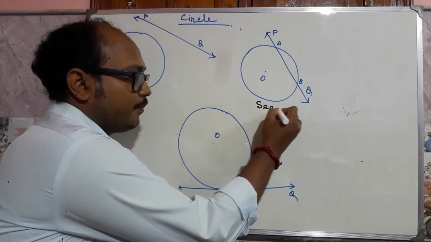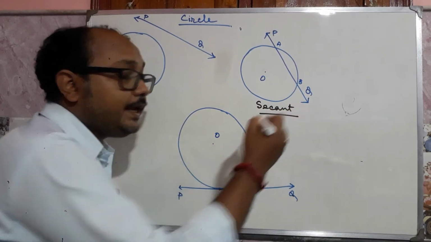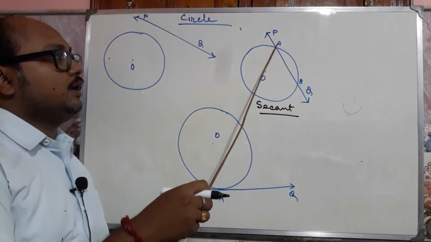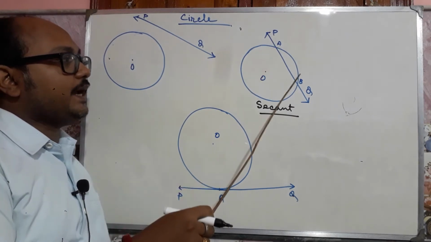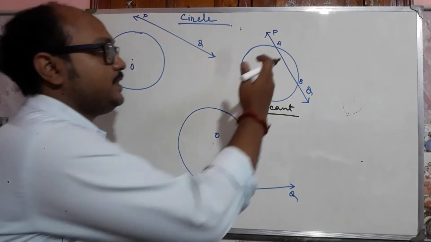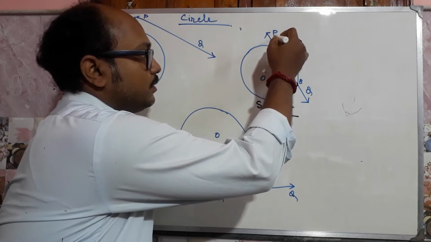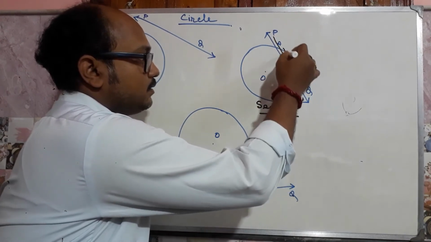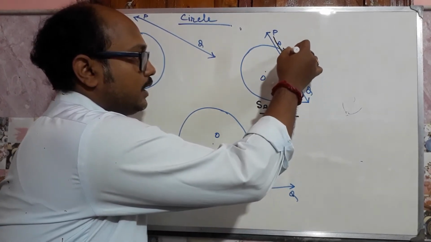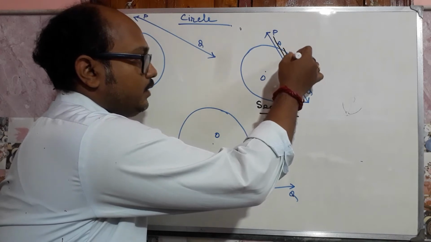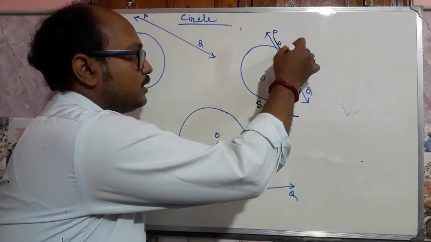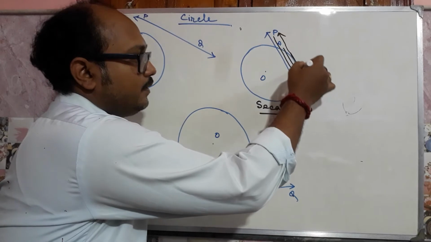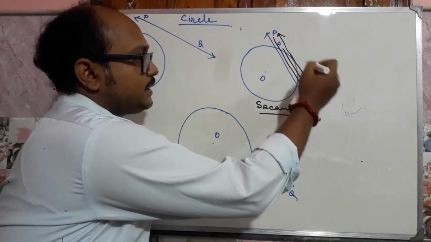Now, if these 2 points A and B coincide, that means if this straight line moves like this, at a particular situation, the points A and B coincide with each other.